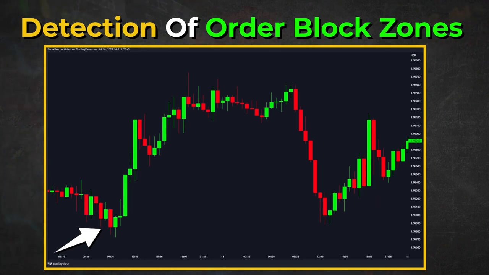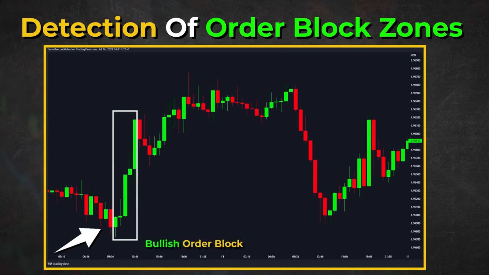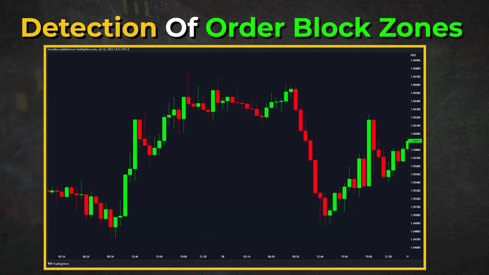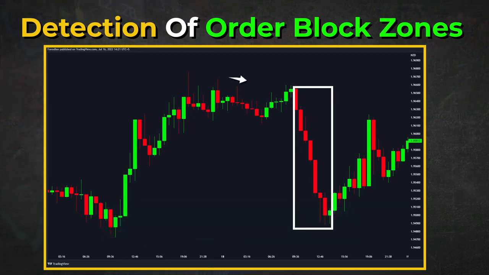And then after this range, there is a very impulsive move in the bullish direction. This fulfills the conditions of bullish order block formation. We can draw the bullish order block zone at the high and low of this ranging market structure. Similarly, here on the charts, we can see the market breaking out of this ranging structure impulsively in the bearish direction, representing the formation of bearish order block.